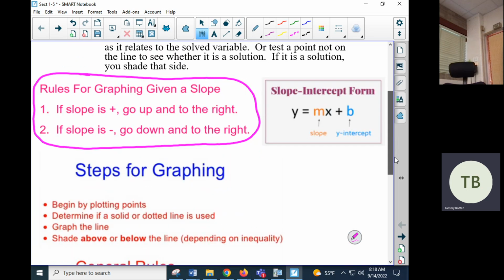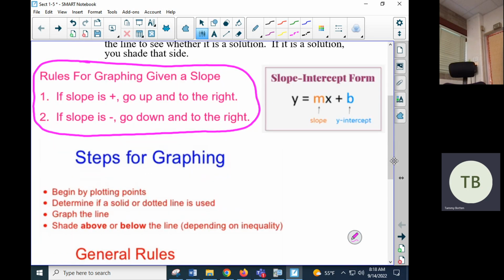And then what I do when I graph, what's gonna happen is we're gonna get our lines into slope intercept form if they're not. So if you had like maybe y equals positive 2/3 x minus 4, you can graph something like this if you know the slope and the y-intercept.